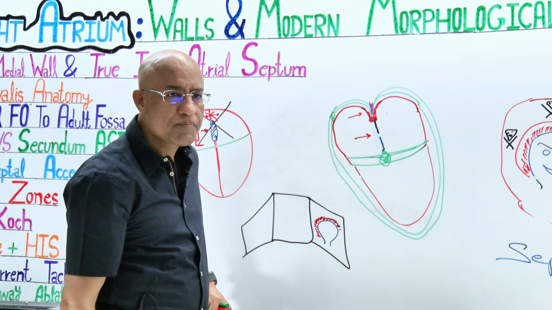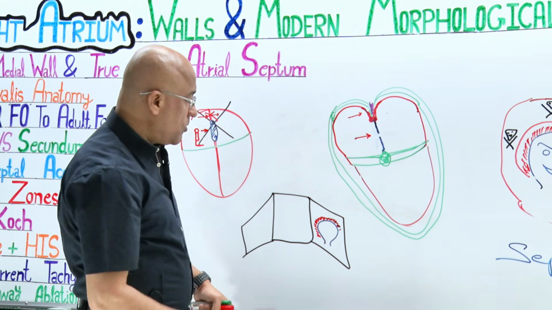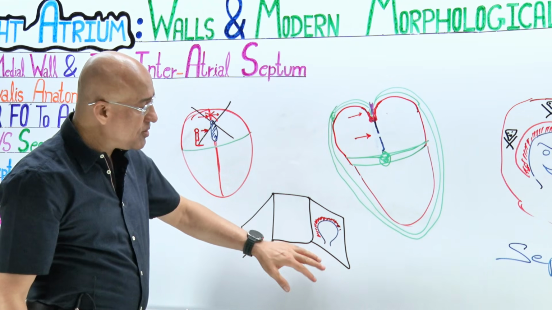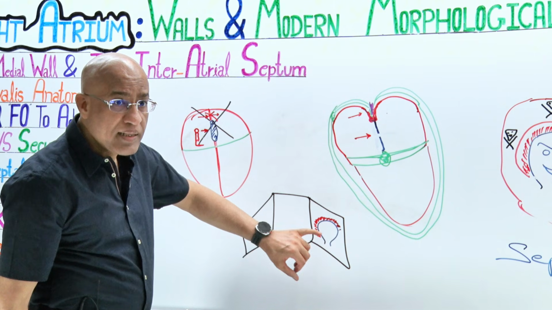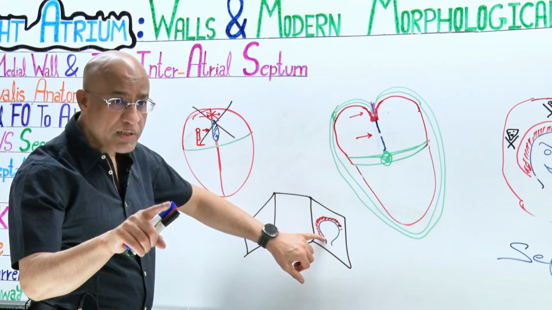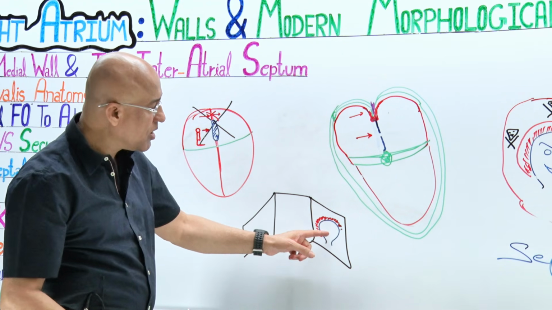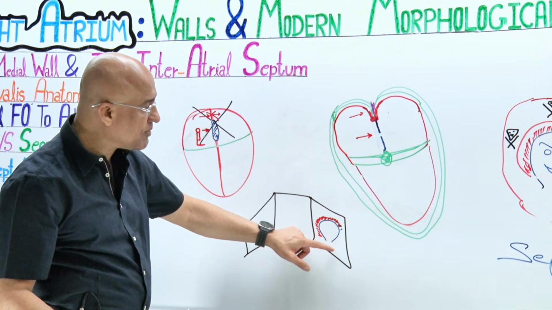Yes, you have a question. Sir, you have said a word, foramen ovale. Are fossa ovalis and foramen ovale the same thing? No, fossa ovalis is adult. Foramen ovale is in prenatal life. I will explain later what foramen ovale is when I discuss where this comes from. If I have said foramen ovale, I shouldn't have said it.